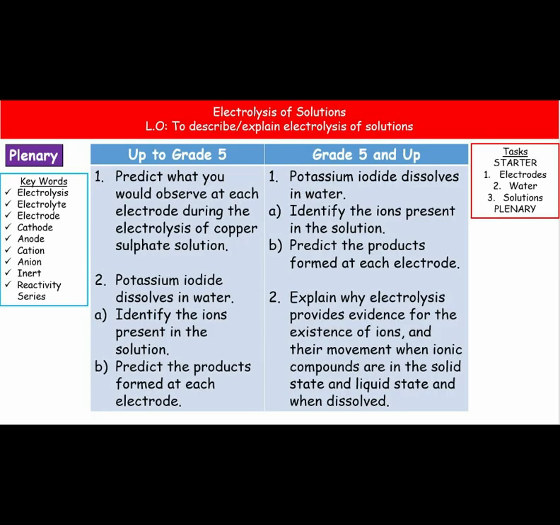So last thing for you to have a go at today are our usual plenary questions. So up to grade 5 on the left, grade 5 and up on the right.